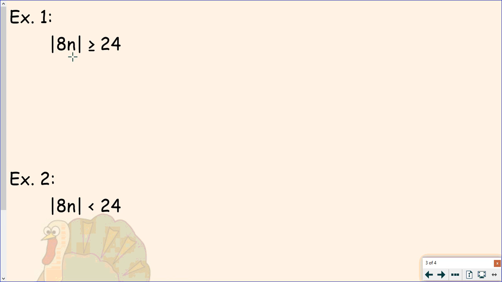So let's look at an example. This says the absolute value of 8n is greater than or equal to 24. I like to think with the number line. So I've got 0, I've got +24, I've got -24.